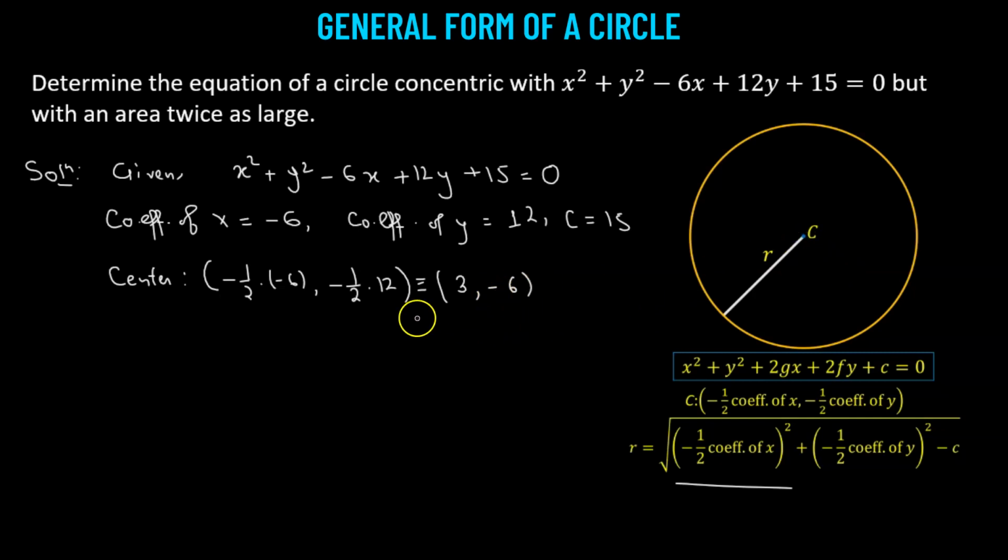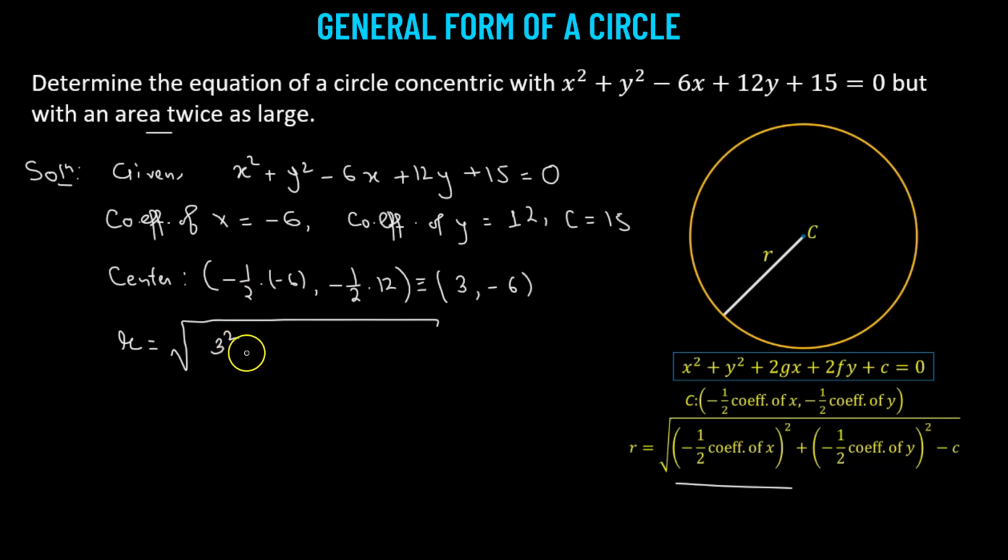Now we will also need to find out the radius because we need information regarding the area. Our radius is going to be computed by using the formula. First we'll take the square root, and underneath the square root first we'll take the square of negative half times the coefficient of x. The coefficient of x is negative 6, so negative half times negative 6 is 3.